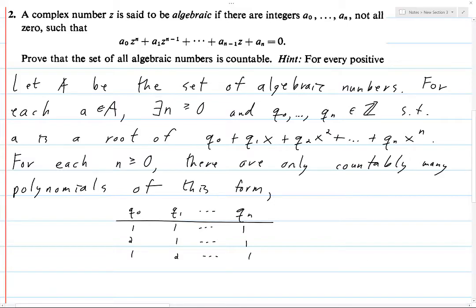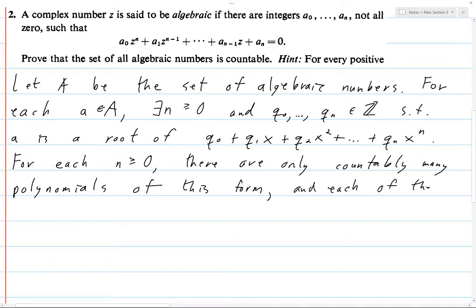Okay, so there are only countably many polynomials of this form, and each of these polynomials has at most n distinct roots.